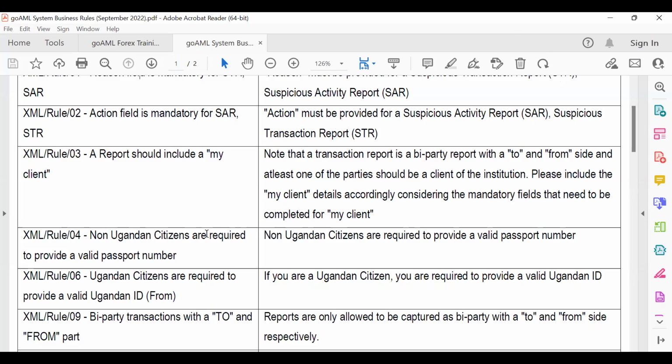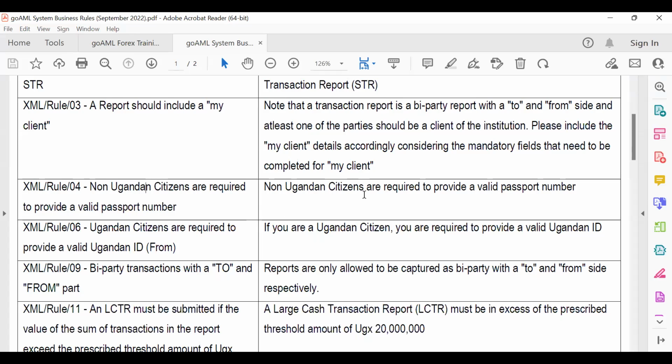Non-Ugandan citizens are required to provide a valid passport number. Yes, so we verify this, and the passport has to be provided when you're capturing details about an individual. That's why you saw for each individual we're trying to fill in either passport or national ID.